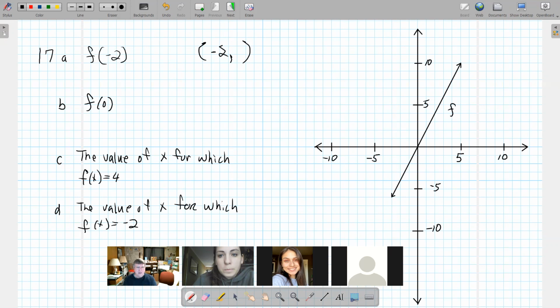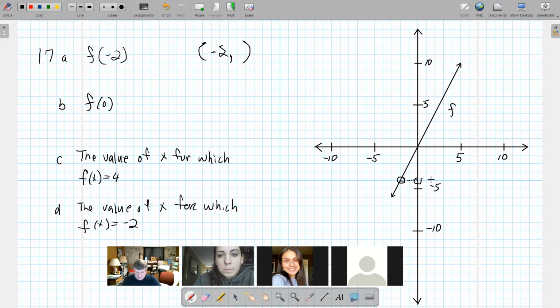Okay. So what do I need to do? I need to look at the graph over here. And where is x equal to -2? Right there. So what's the corresponding y value? Right there.